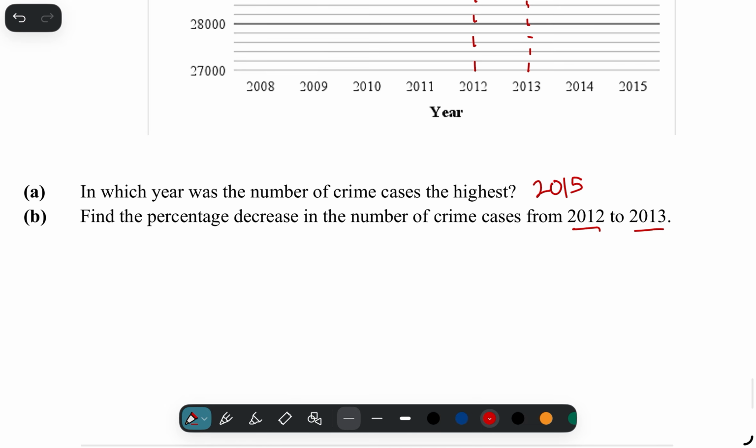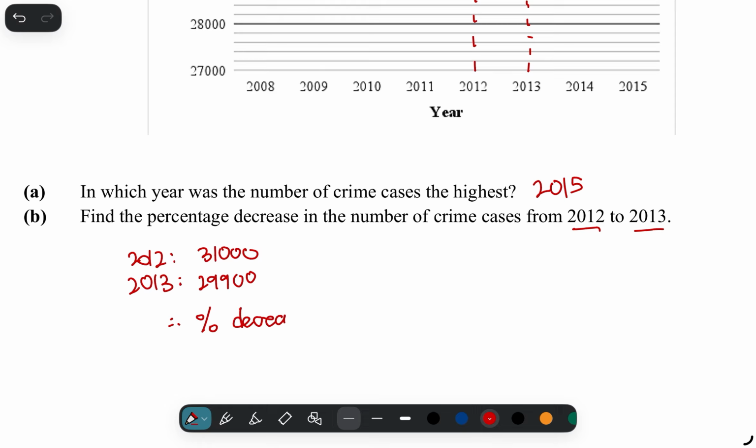So over here, I can easily determine: in 2012, I have 31,000 cases, and in 2013, I have 29,900 cases. Therefore, the percentage decrease will be equal to 31,000 minus 29,900, over the original amount, 31,000, times 100%.